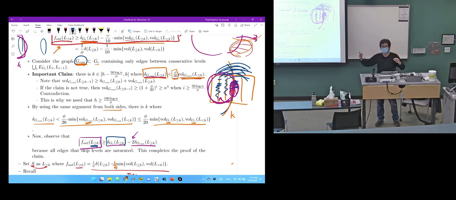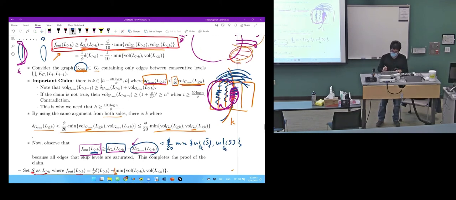So we get a factor of 2 for each of these edges. Okay, so this thing is basically phi over 20 times the volume in GC. Which is what we want.